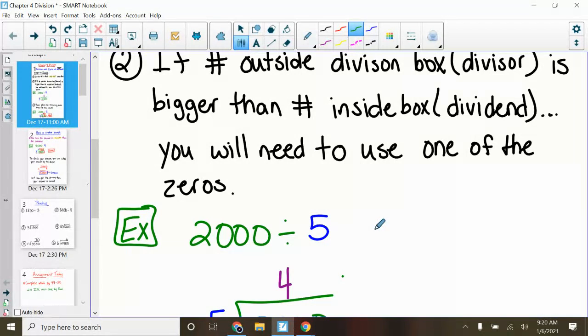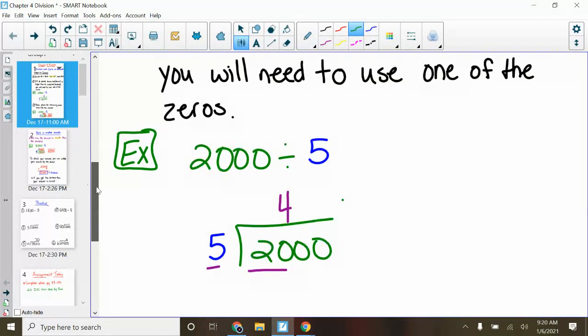You have to rewrite it in the way that you're used to seeing it, which is how I have it written below: the big number, which is called the dividend, goes inside the box, and then the smaller number is the divisor, and it goes outside the box.